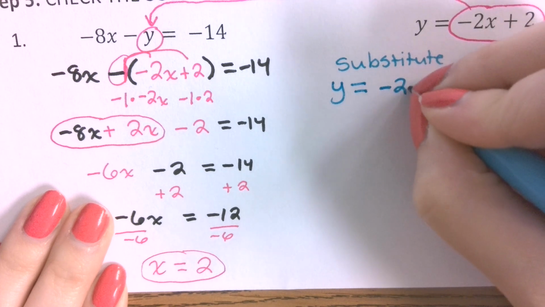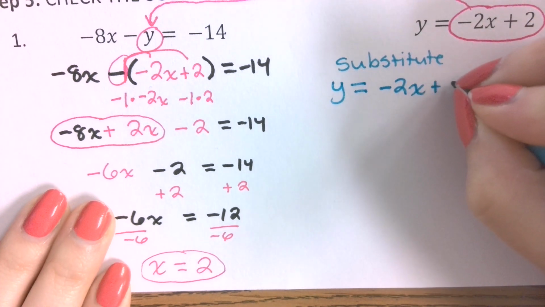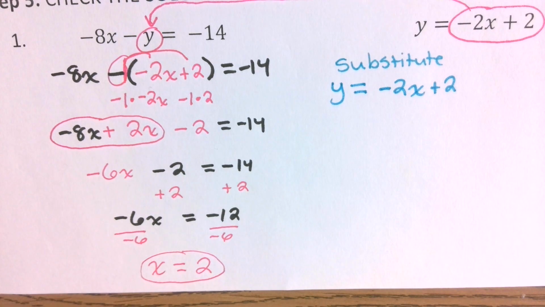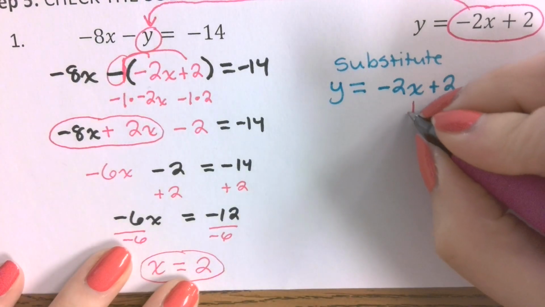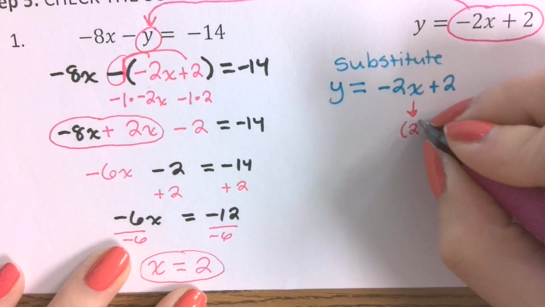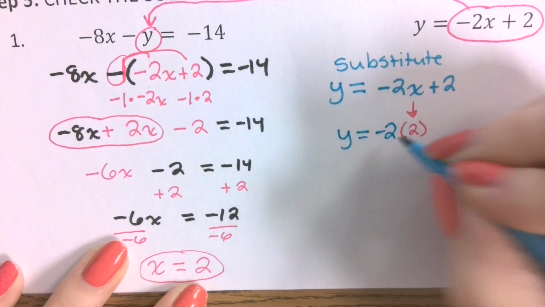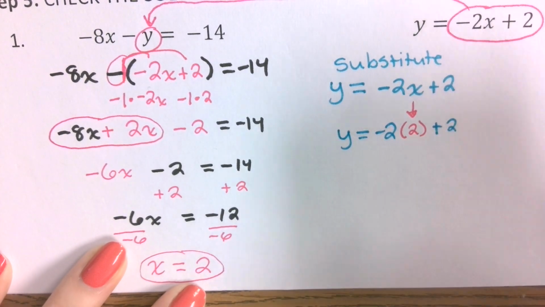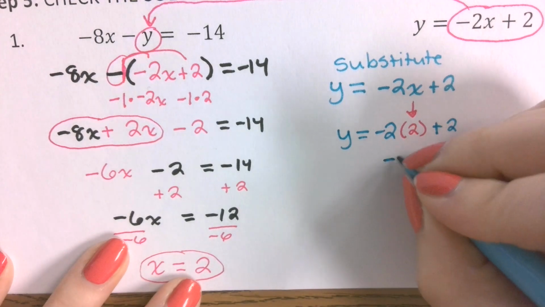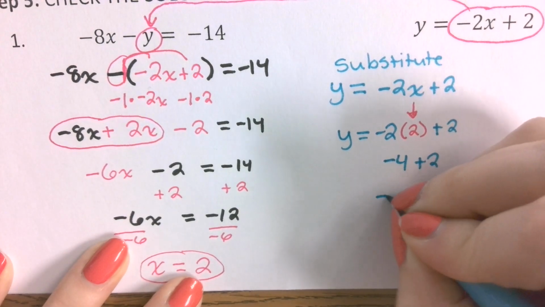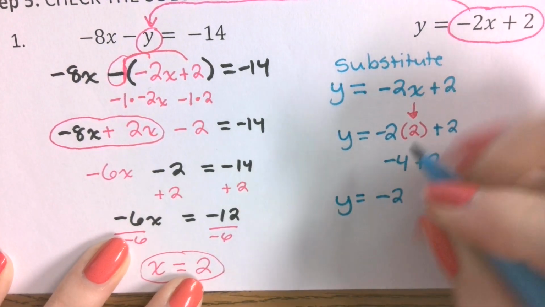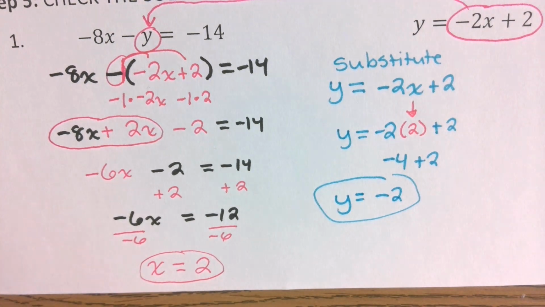It's a lot easier. So it's y equals negative 2x plus 2. I'm going to replace the x with that positive 2. So I now have y is equal to negative 2 times positive 2 plus 2. Negative 2 times 2 is a negative 4, and negative 4 plus 2 is a negative 2. So we get y is equal to negative 2.